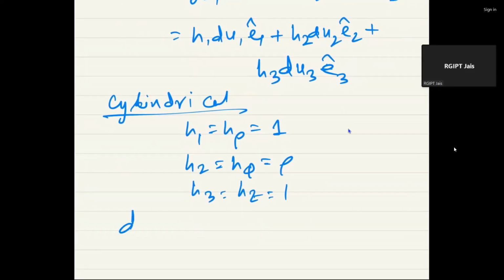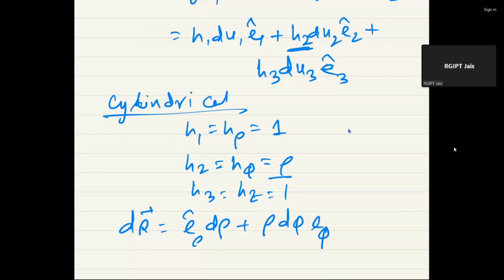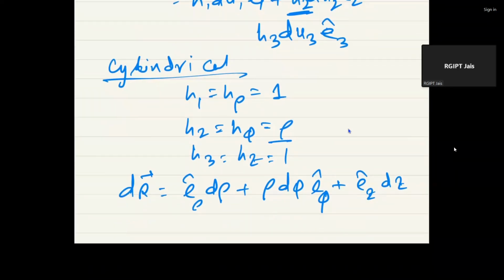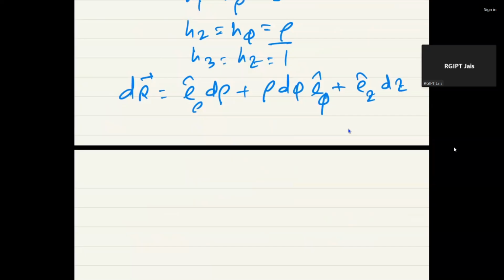So in the cylindrical system, dr will be h1, that is 1, times e rho cap d rho, plus h2, that is rho, so rho d phi e phi cap, plus along the z direction, this is 1, so e z cap dz. You can check this from our previous class also. This was the expression for the infinitesimal displacement in the cylindrical coordinate. Similarly, you can find the same thing in the spherical polar coordinate.